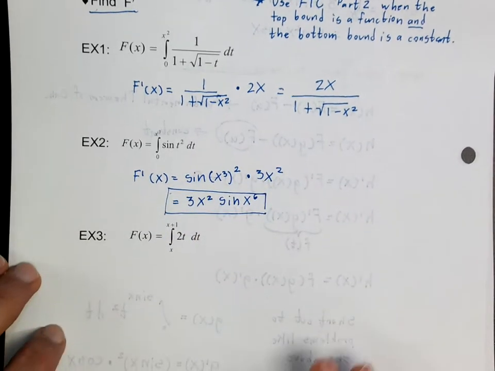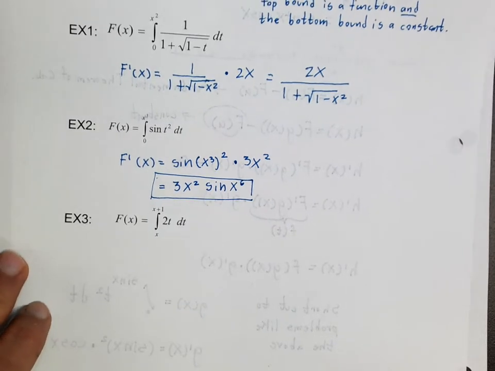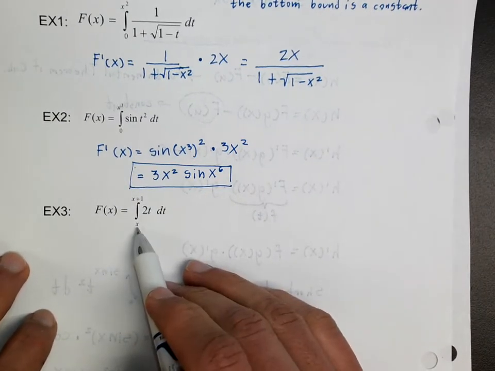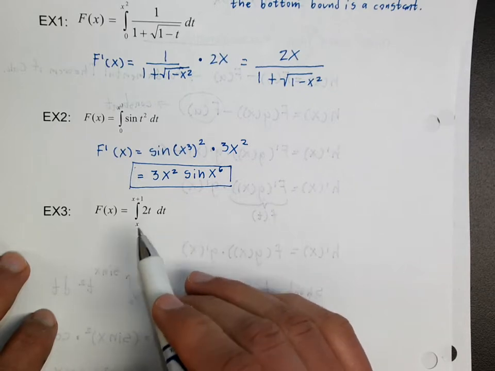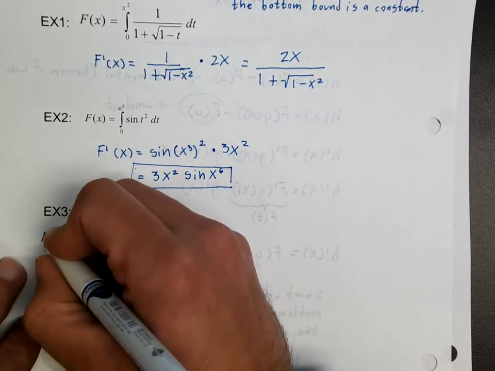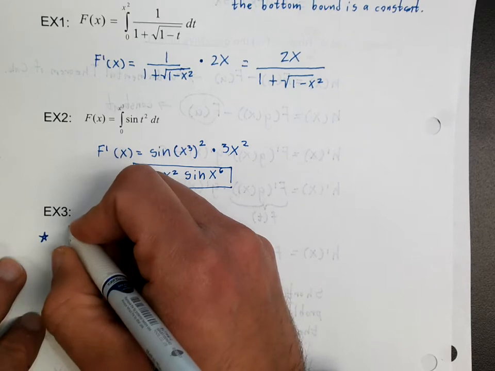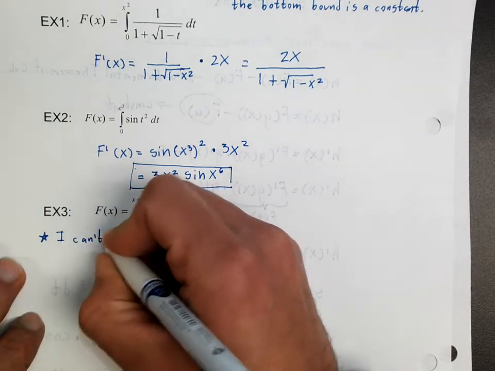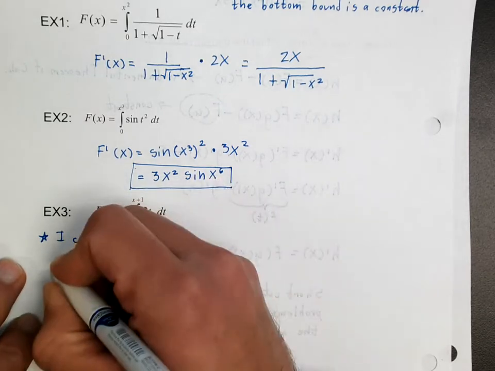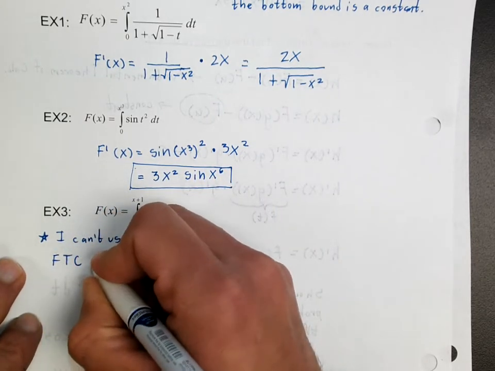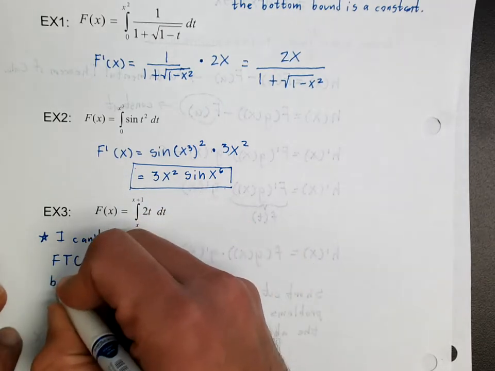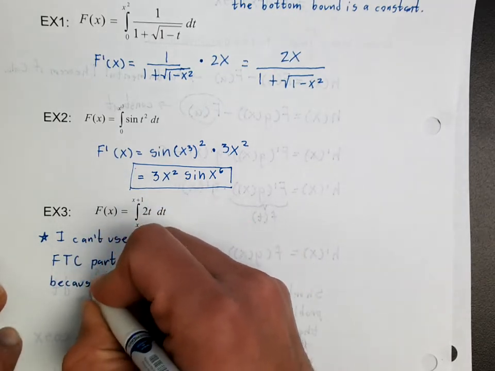That is that. Now on the next one, if you look at it, my bottom bound is a function. So therefore, I can't use the fundamental theorem of calculus part 2 because the lower bound is a function.